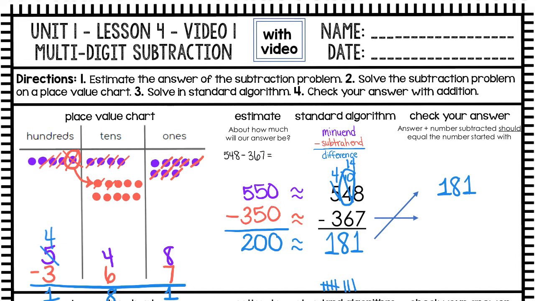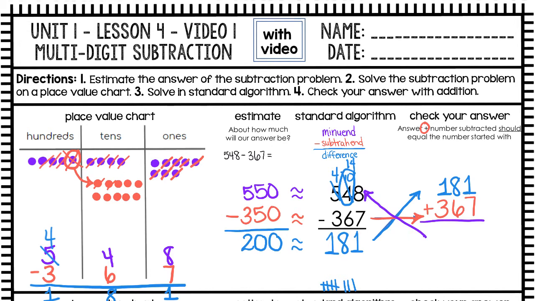So now I'm taking 367, and if we add them together, here's the plus sign, we should get the answer that we originally started with. So here you can see I took my answer that I got, and then the number that I subtracted, and I'm hoping that what I get here will be the amount we started with.